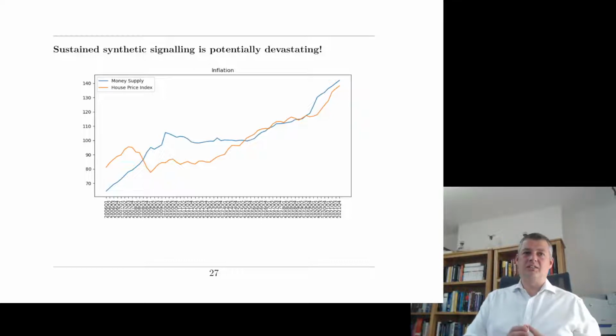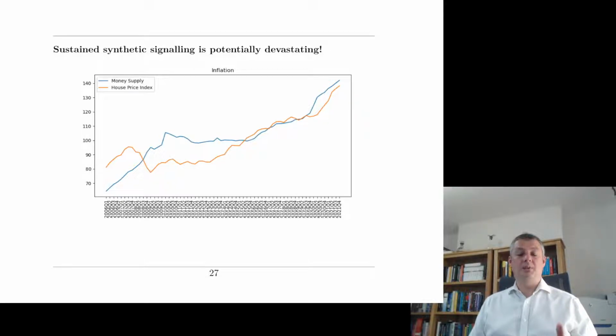I think it's fair to say that a large proportion of the increase in house prices that we've seen pretty much all across the West can in large part, not entirely, but in large part be attributed to the huge increase in the money supply and the way in which this money was distributed. The exact analysis is too long for this video, but I think it's fair to say that there seems to be some correlation between these two graphs.